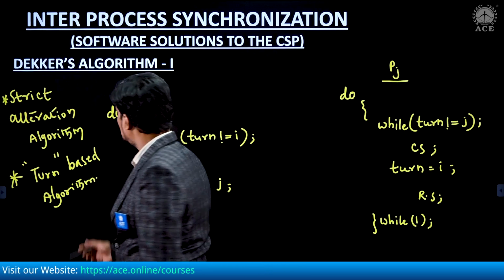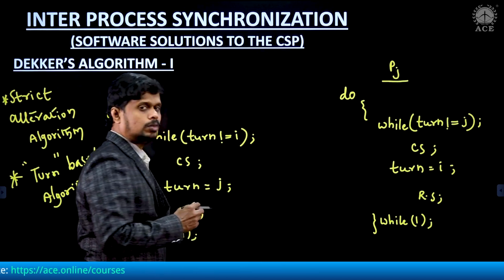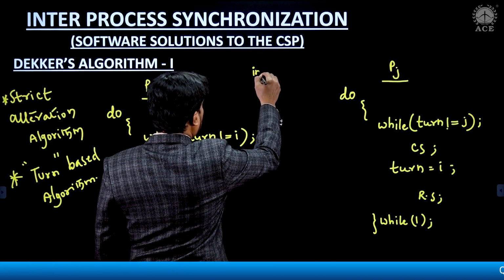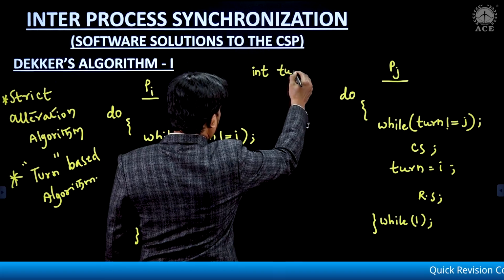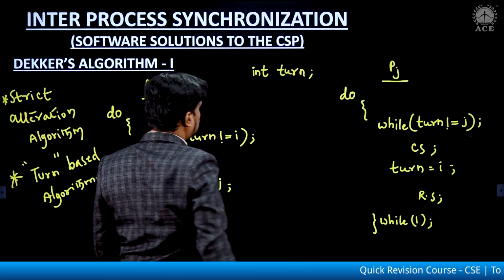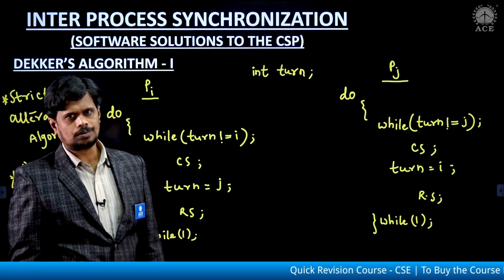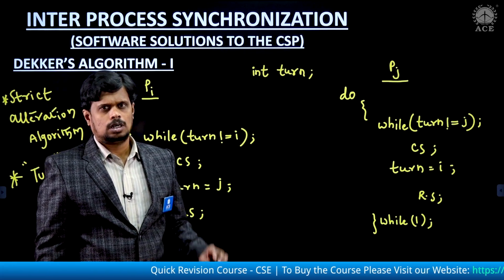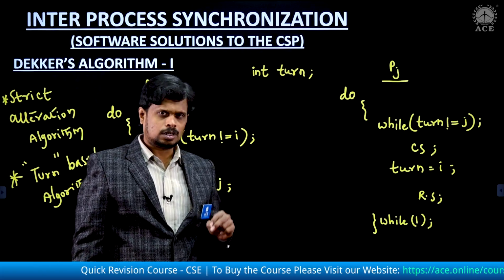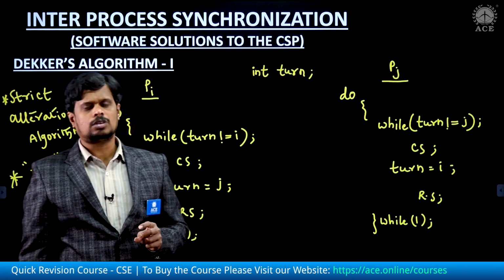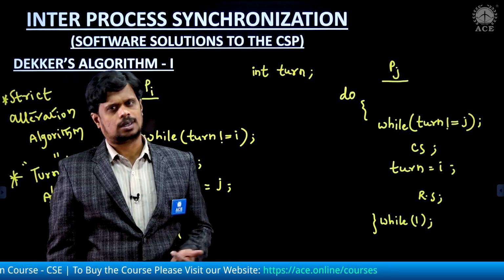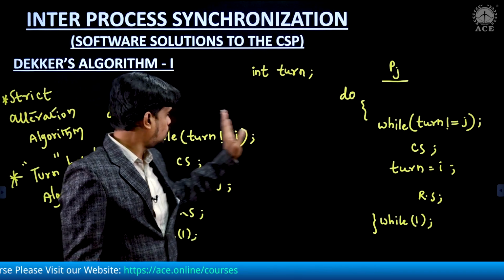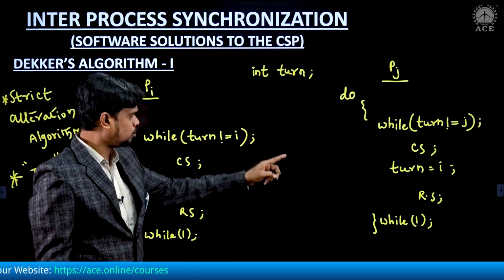The reason is, here we are using a global variable called turn. So int turn, this is the global variable we are using here. The property of this turn variable is that only one process is allowed to use it at a time, among the two processes Pi and Pj.